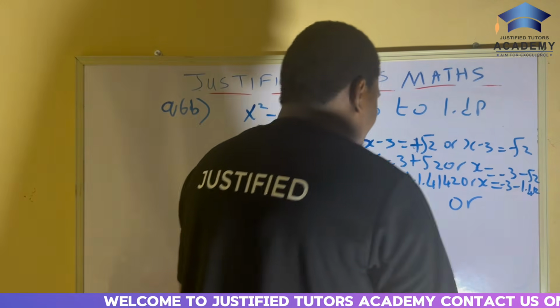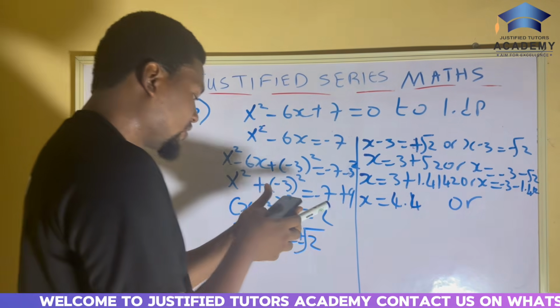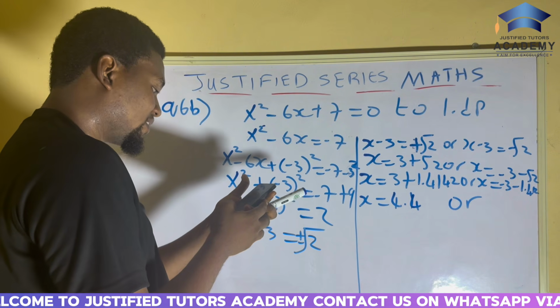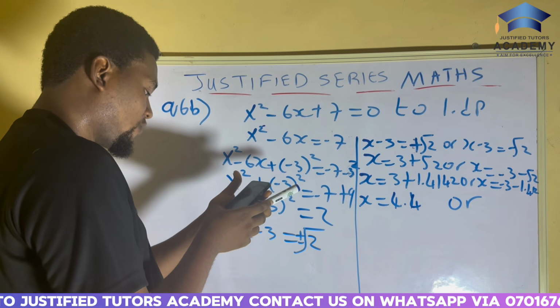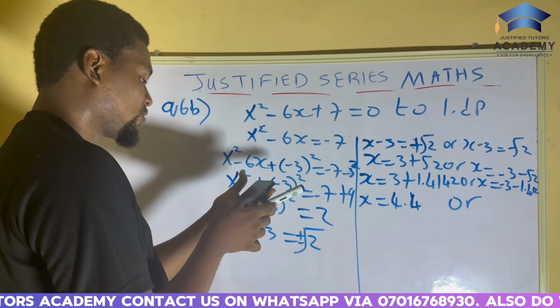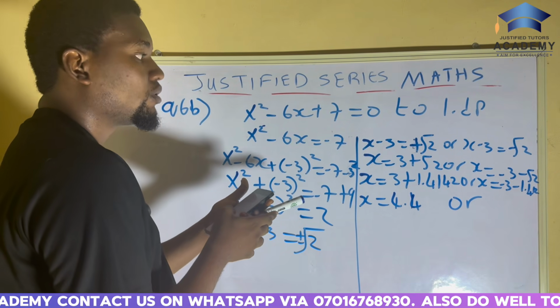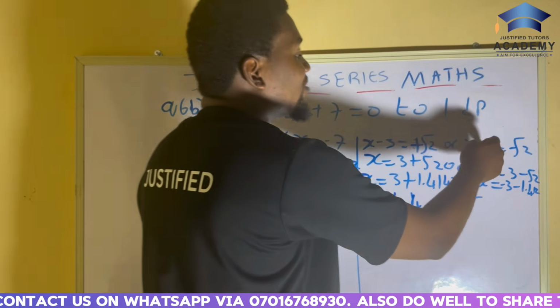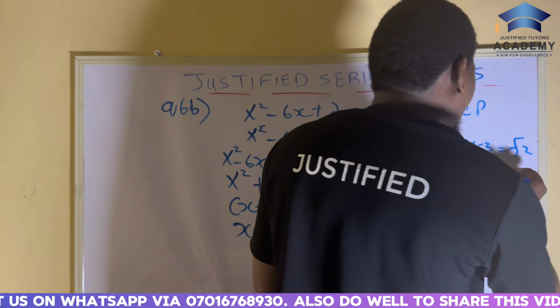4.41. Or the next is 3 minus 1.412. Sorry. When 3 goes to this side, it becomes plus. I beg.